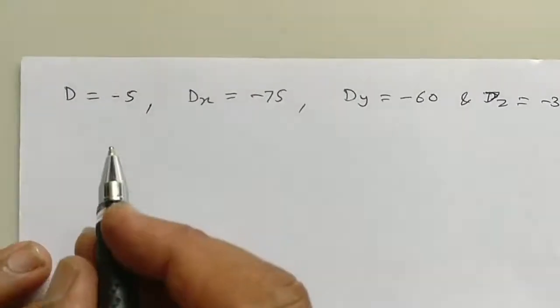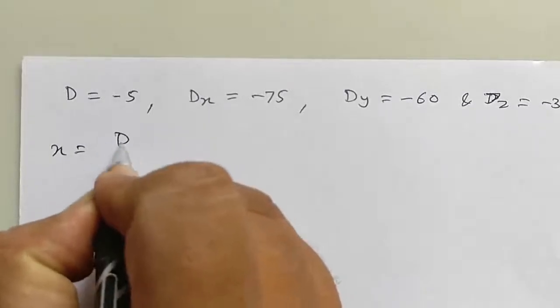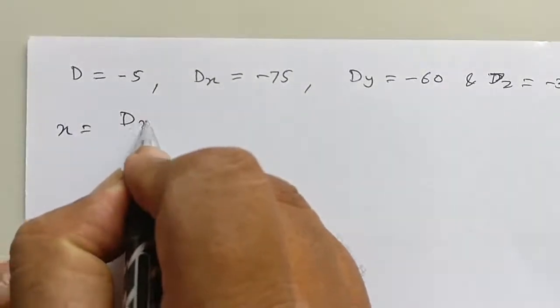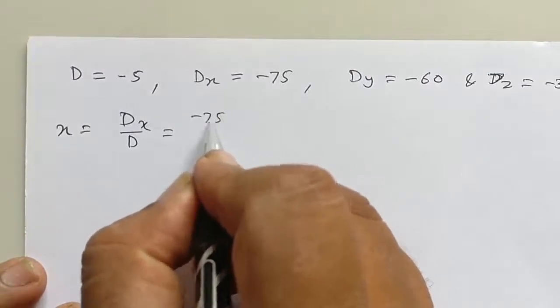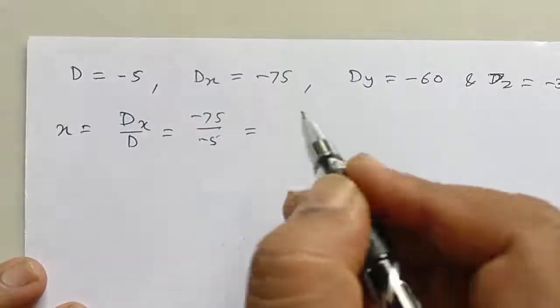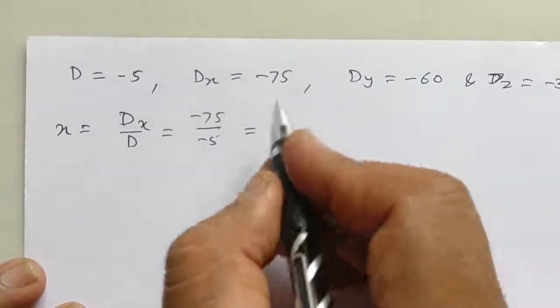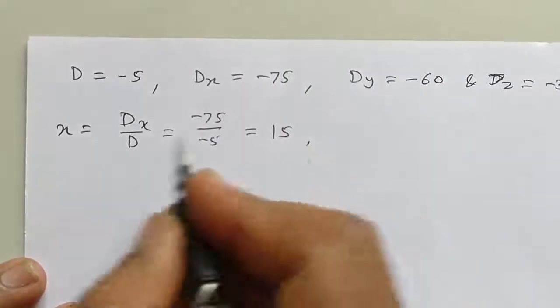So we can find the values of x. X is equal to dx upon d. Dx is minus 75 upon minus 5. So this is equal to 15.